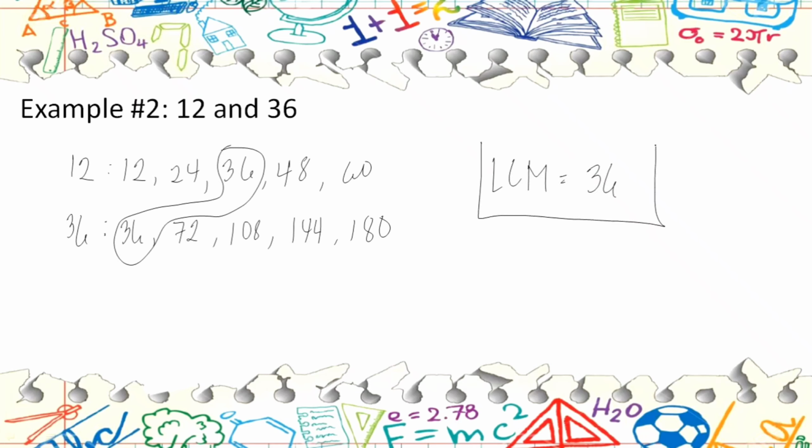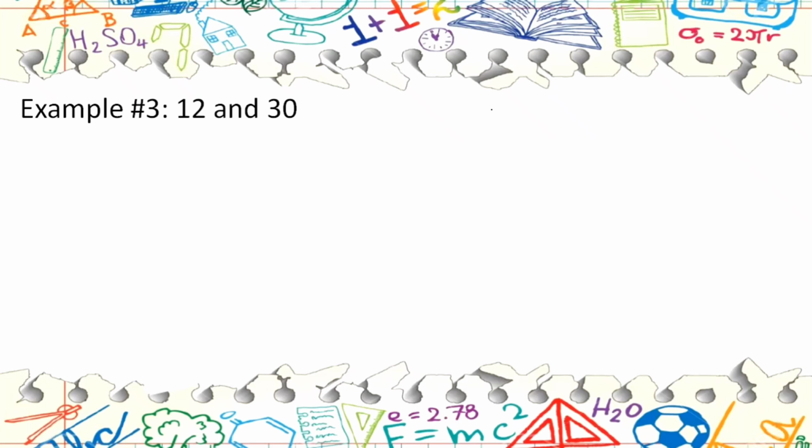Ganun lang siya kadali. Next, for our last example in this video, we have 12 and 30. So, lista na natin ang multiples ng 12. So, we have 12, 24, 36, 48, and 60. Next, multiple naman tayo ng 30.